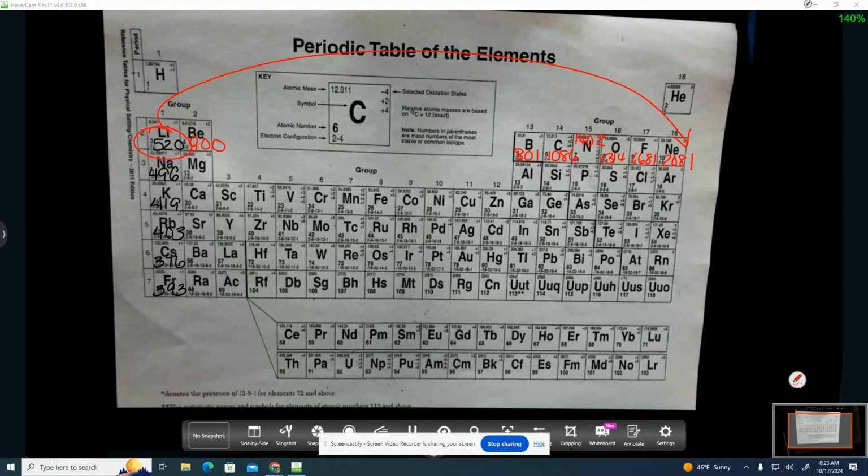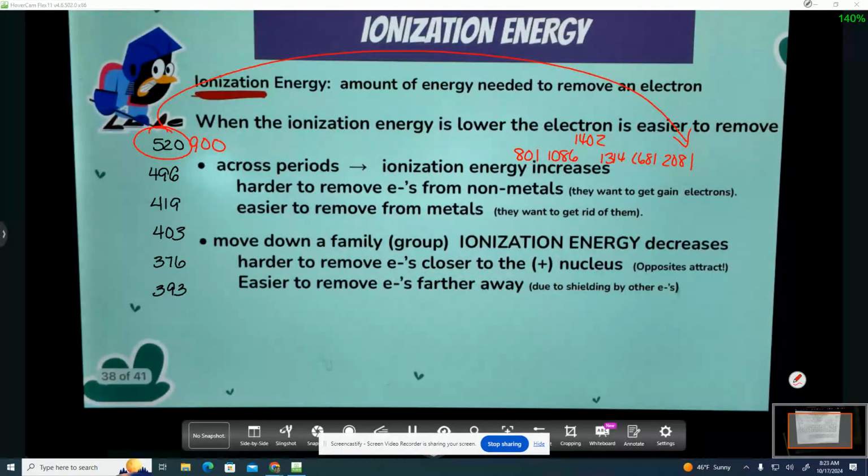Okay. So ionization energy is the amount of energy required to remove an electron. Does everybody have that written down? Across a period, the ionization energy is going to get larger, it's going to increase.